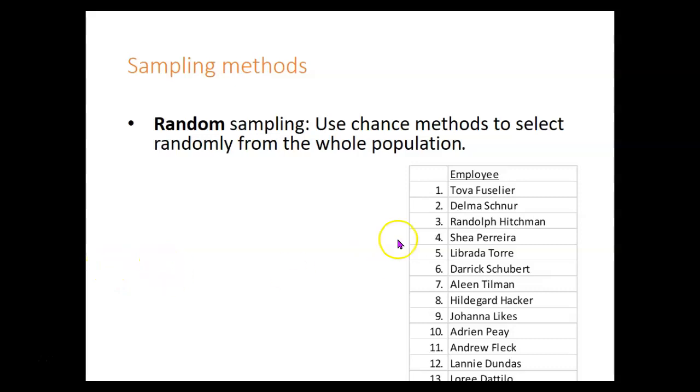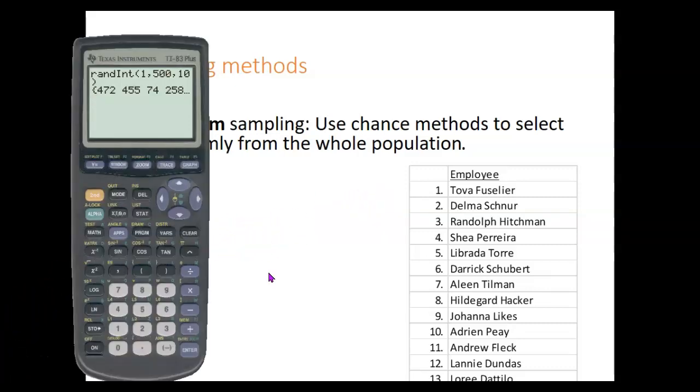Or if the list is numbered, there are ways of asking a computer or a calculator to give you a list of random numbers. So if you had 500 names on the list, you could ask your calculator for, give me a bunch of random numbers between 1 and 500. And so that tells you which people on the list to pick to include in your sample. Or you can just do it the low-tech way, where you write everybody's name on a card or a piece of paper and put them all in a hat and draw names out of the hat.